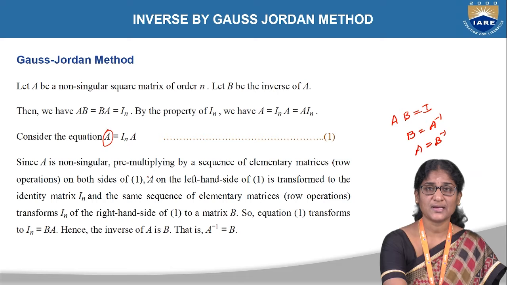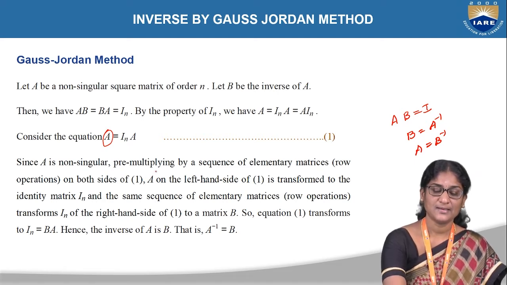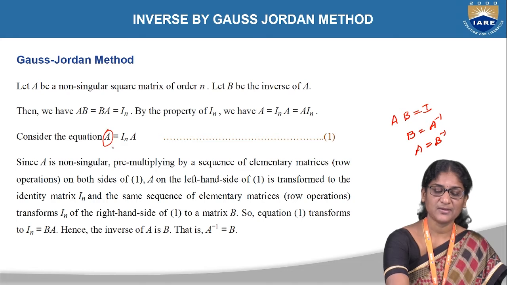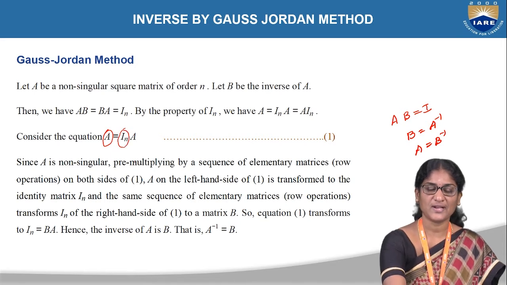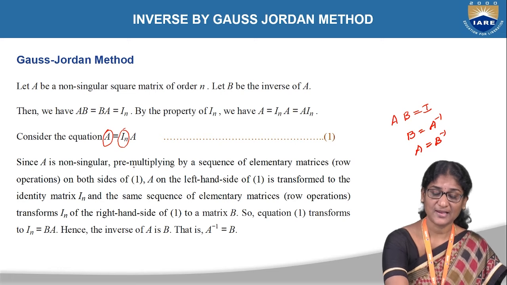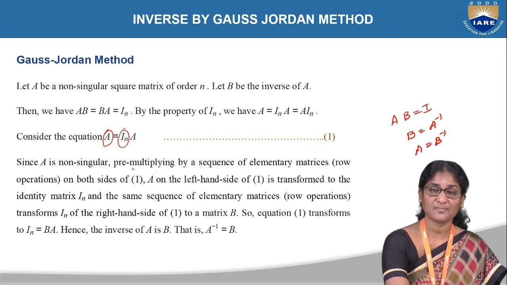Whenever you are doing the row operations on the left hand side, the same operations parallelly have to be done to the prefactor of matrix A on the right hand side.